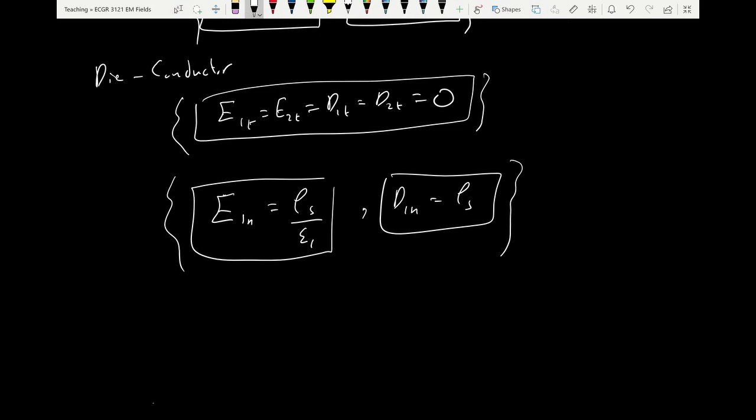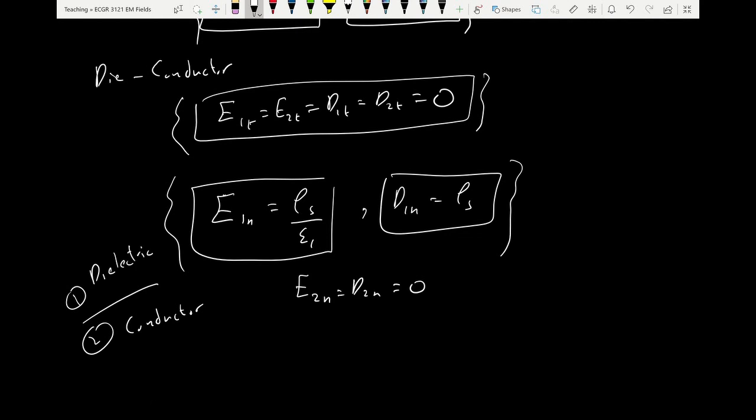And of course E2n equals D2n equals 0. There is no field inside the conductor. Material 2 is the conductor. Material 1 is the dielectric.